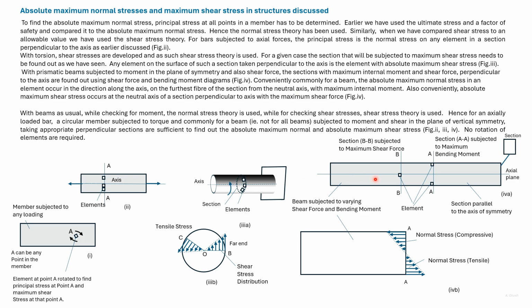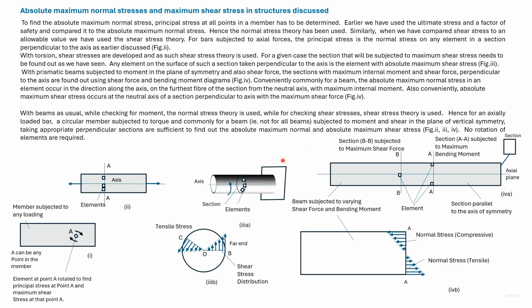Also, in these two cases where the shear stress theory was used, the sections were taken perpendicular to the axis of the beam, with the elements aligned with the face of the perpendicular section.